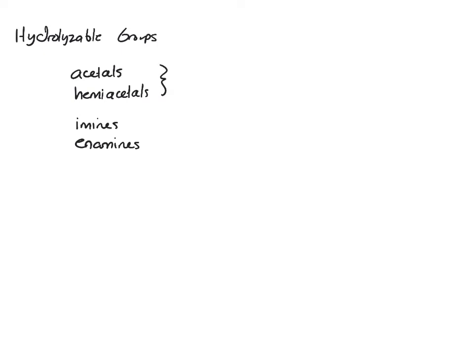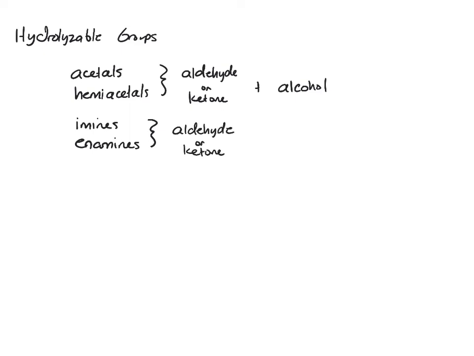The acetals and hemiacetals will hydrolyze to give you an aldehyde or ketone plus alcohol. Imines and enamines will hydrolyze to give you an aldehyde or a ketone, plus an amine.